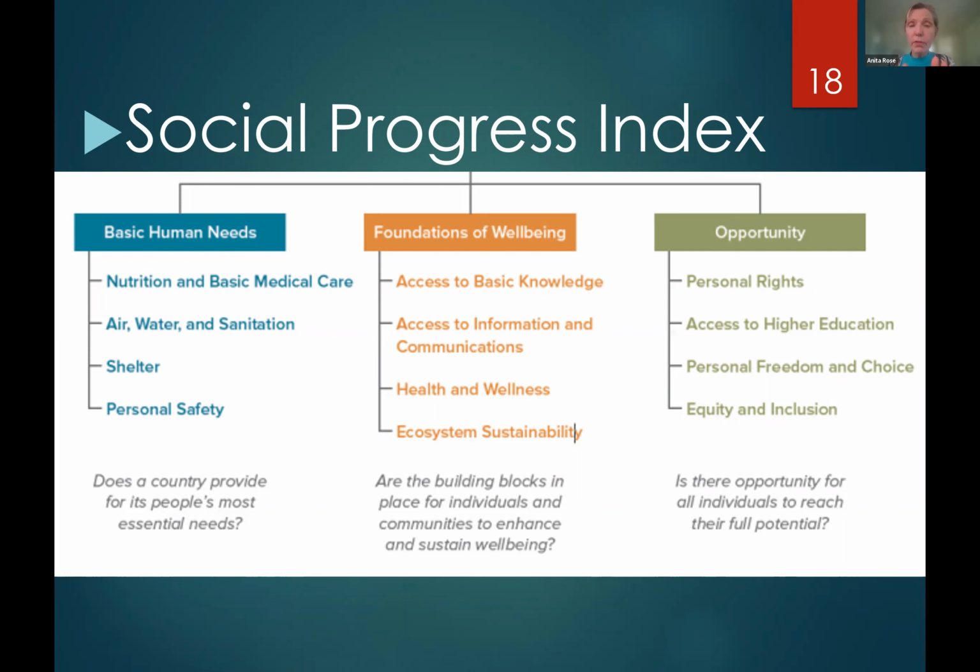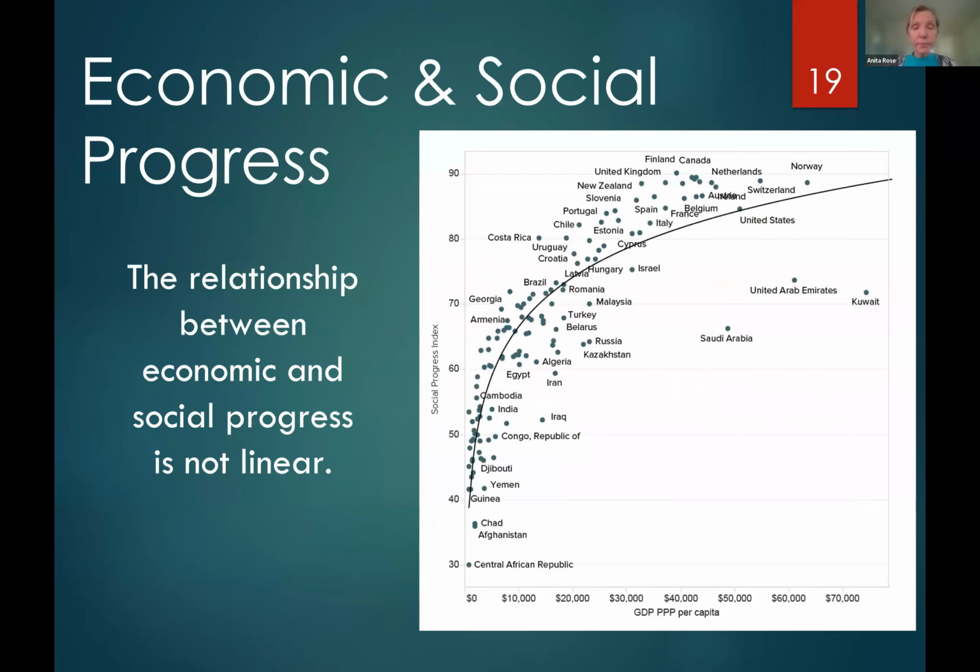Those areas are also factored into the social progress index. Lastly, opportunity: personal rights, equality and inclusion, personal freedom of choice, and access to higher education. These are the nucleus of the social progress index.